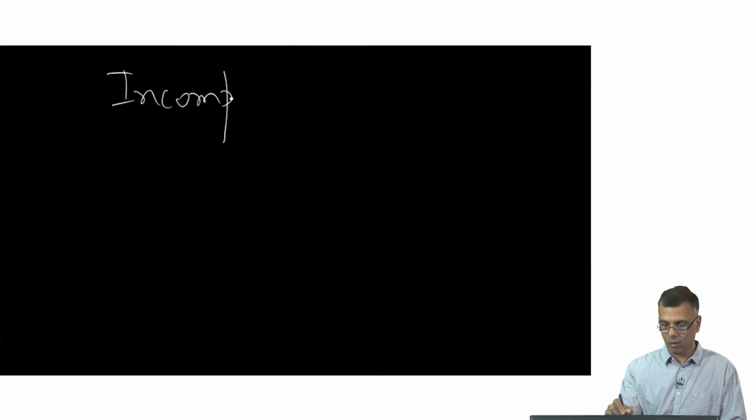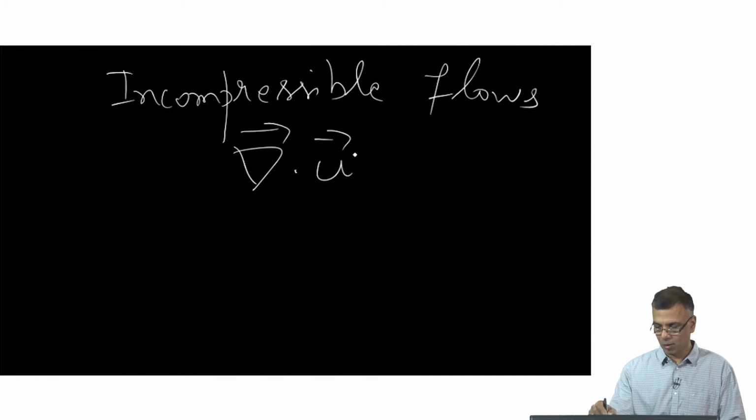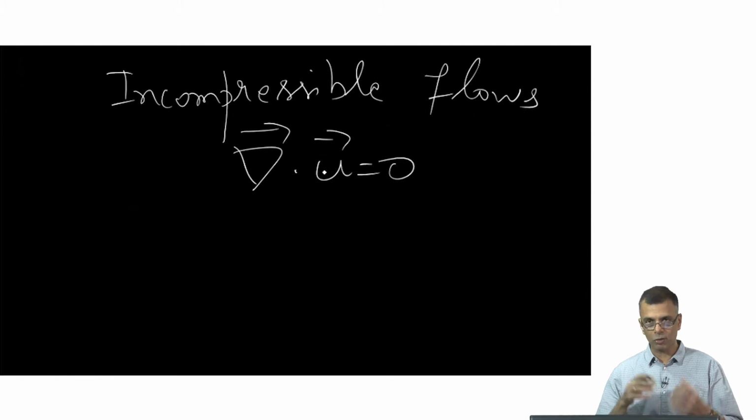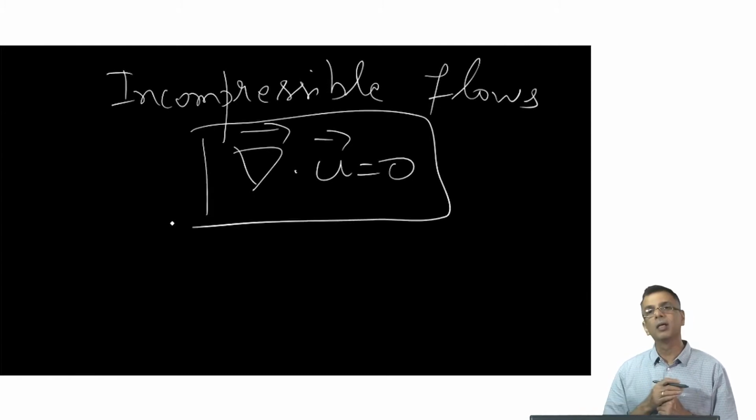So, therefore, the condition for incompressibility is that the divergence of U does not have a source or a sink. This is the condition for incompressibility, right?